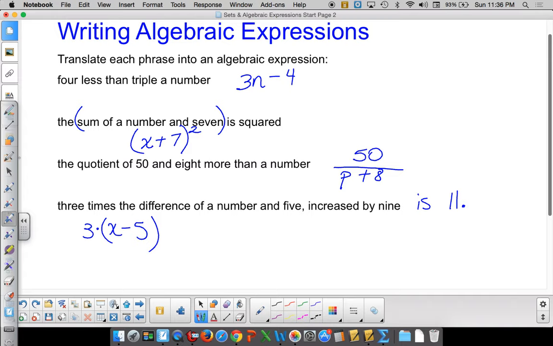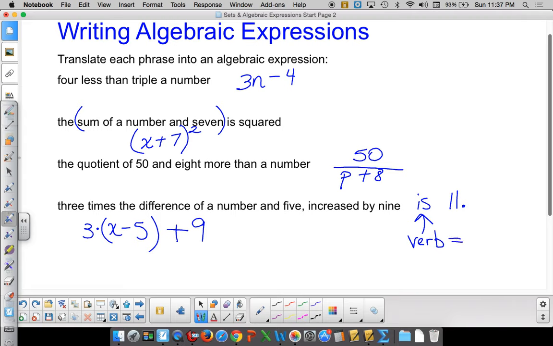Well, once again, English and punctuation in this case, there's a comma. So you did 3 times the difference of the number and 5. Now it's supposed to be increased by 9. So increase would be add 9. And then the big key thing here, I want you to learn about setting up equations, is 11. Anytime in math, if you're translating one of these, the verb, in this case is always the equal sign.